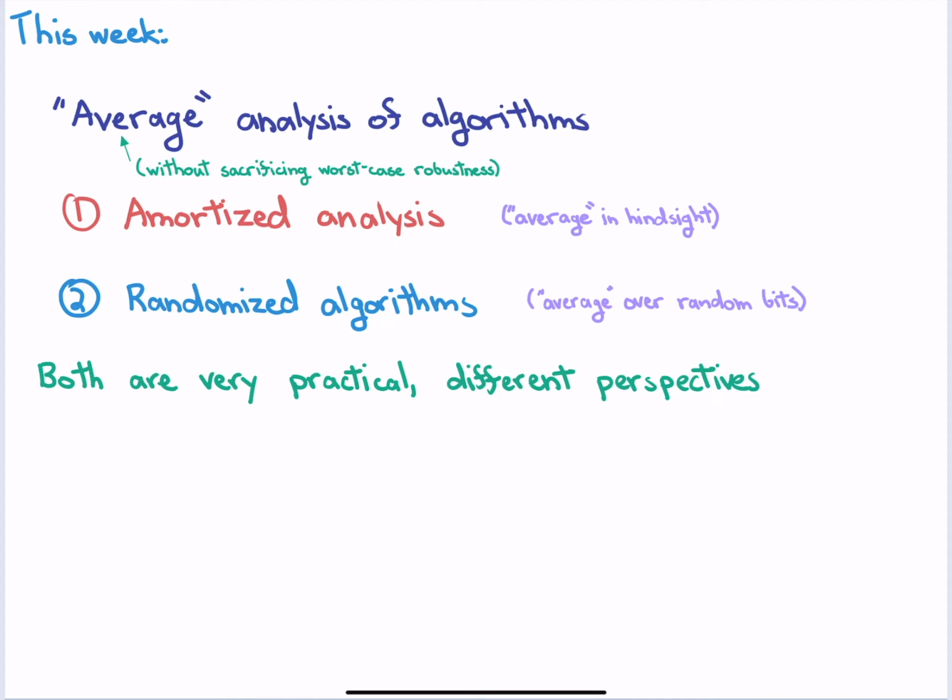Because we relax the analysis from really strict worst case to this amortized analysis, sometimes that wiggle room lets you do a simpler algorithm, and one that's more practical. Same with randomized algorithms. Allowing for flipping coins can often lead to much simpler algorithms.